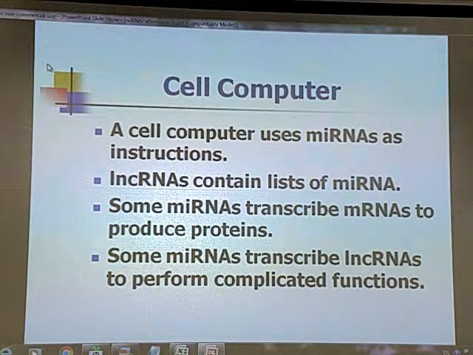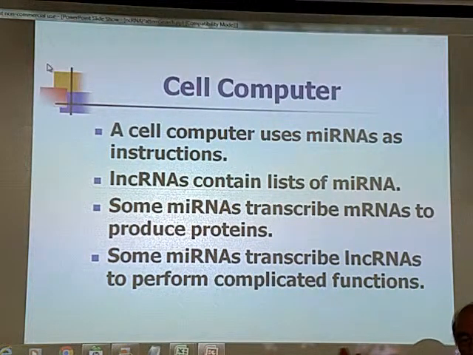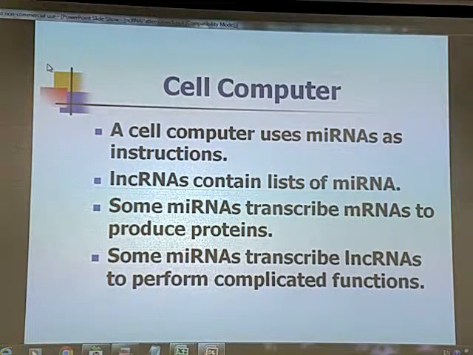I would propose that this cell computer uses instructions like microRNA. These instructions are 18 to 24 base pairs long, and that's long enough to uniquely code many different microRNAs, and these many different functions would go out into the cell and cause various things to happen.